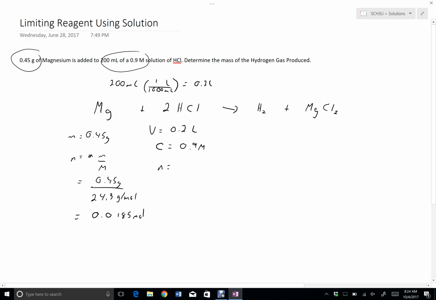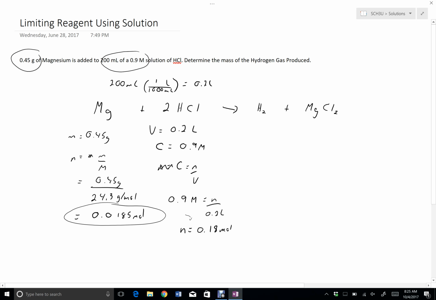So my formula is C equals n over V. So 0.9 molarity is equal to moles over 0.2 liters. And I have 0.18 moles.